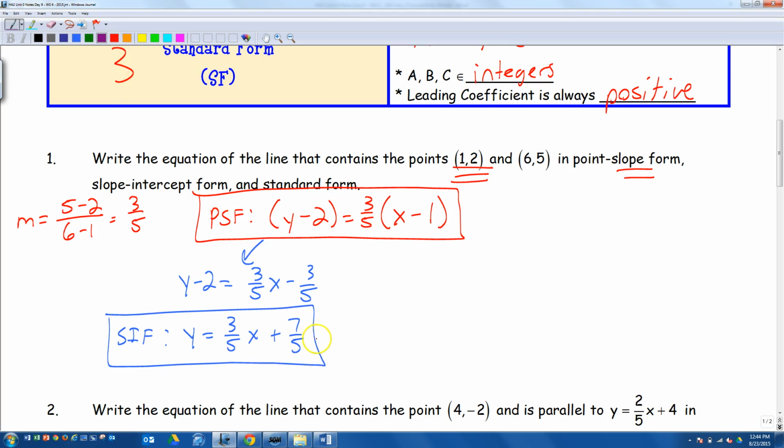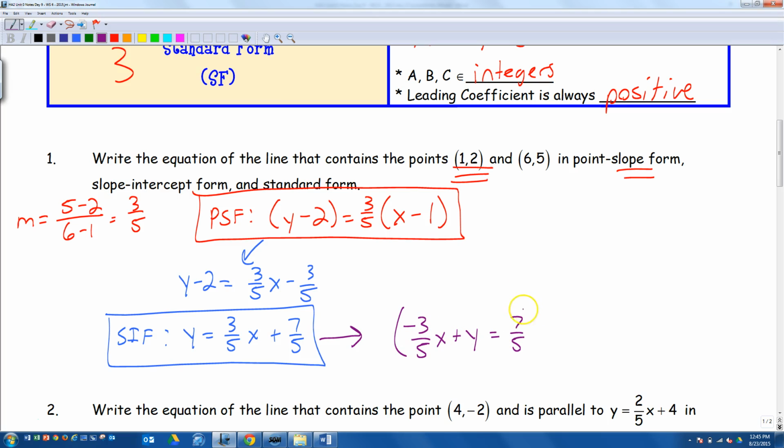Finally, we take slope-intercept form and we rearrange it so that the x's and y's are on the same side. So the first thing I'm going to do is move the x's over, negative 3/5 x with that positive y equals 7/5. Okay, but the rules state that all these have to be numbers, no fractions. Integers, so we have to have integers, and this first thing has to be positive.